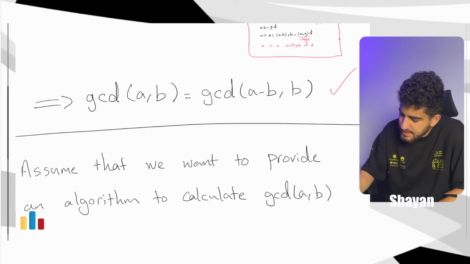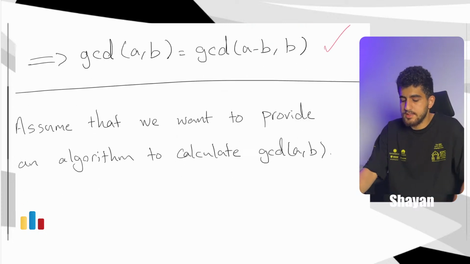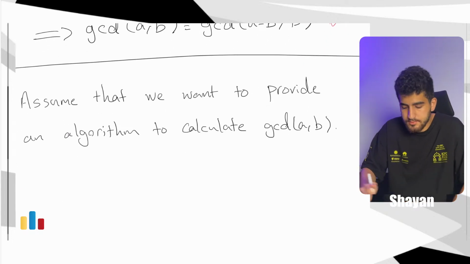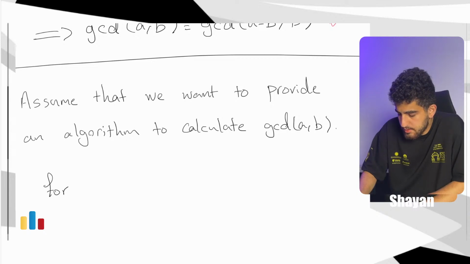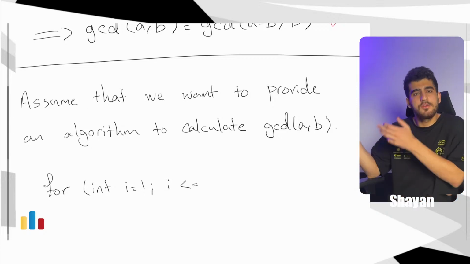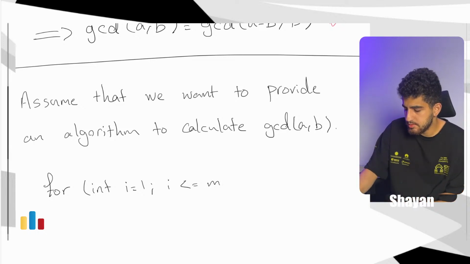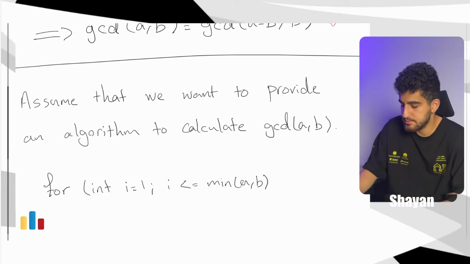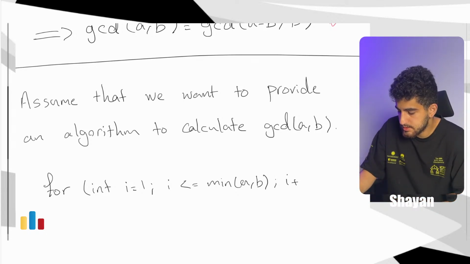Well, the first algorithm that comes to mind is to have a for loop, let's write in C++ format, I from 1, I less than or equal to the minimum of A and B, because I know that the greatest common divisor is at most A and at most B. I plus plus.